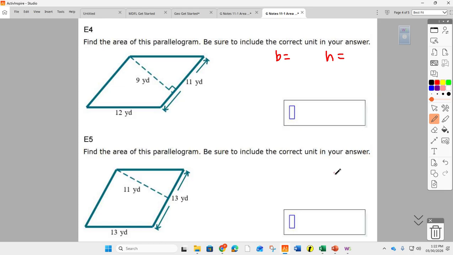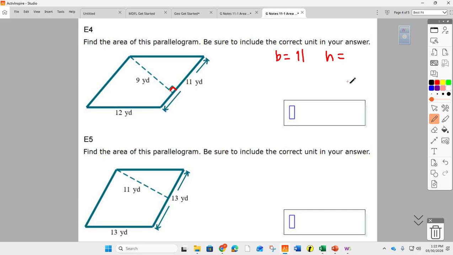So what's the base, Yuri, of this example 4? Not 12. So this dotted line is perpendicular to this side, right, Yuri? This tells us it's perpendicular, creates that right angle. So whatever side the dotted line is perpendicular to, that's the base. That makes sense, Dominic? So the base is actually 11.